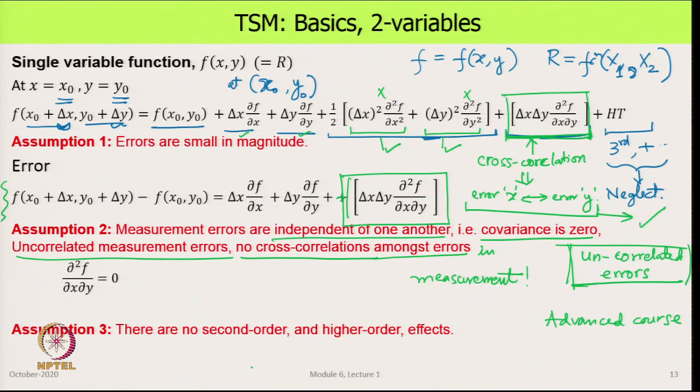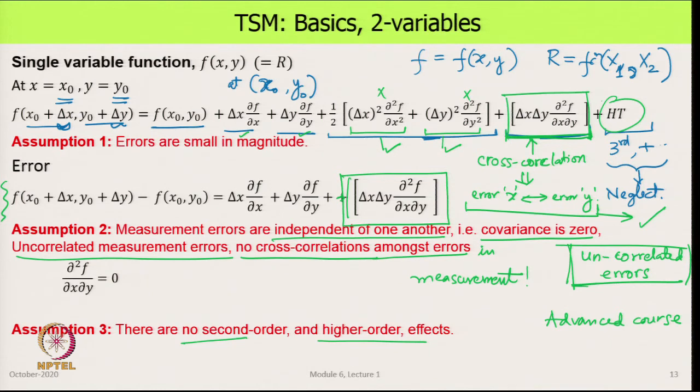Under that assumption, so this is assumption number 2, d2f by dx dy, this is 0. And the third assumption, we have already said that we ignored these terms here, that there are no second order and higher order effects.